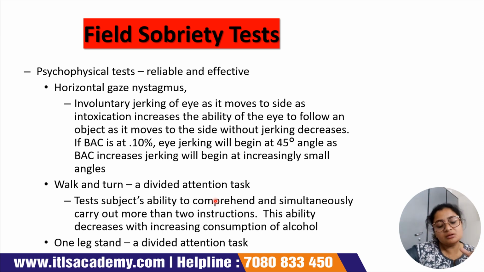I showed you a nice figure at the end of the last session of the different parts of the brain and their important functions. Since the effect of alcohol is mainly on the brain, it will affect all the different functional centers of the brain.